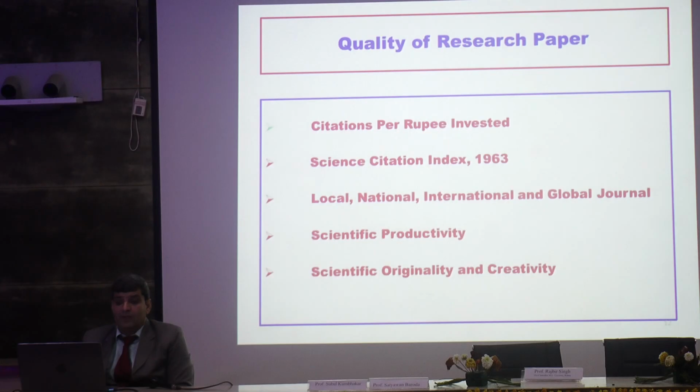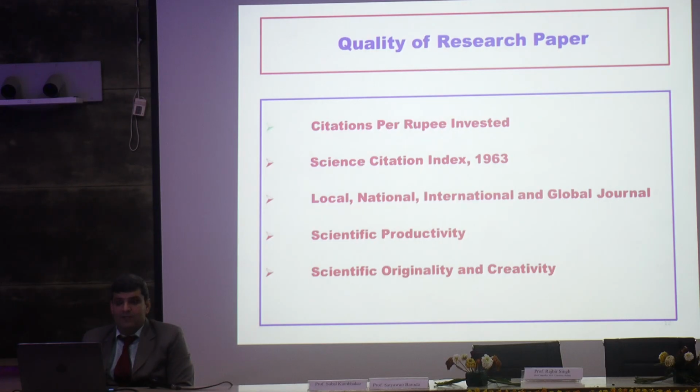National journal: if authors are from the whole country, then we may say this is a national journal. International journal: if authors are from other countries as well, then we may say international journal. If audience and authors are from different countries across the globe, and the journal is known throughout the world, for example Harvard Business Review.